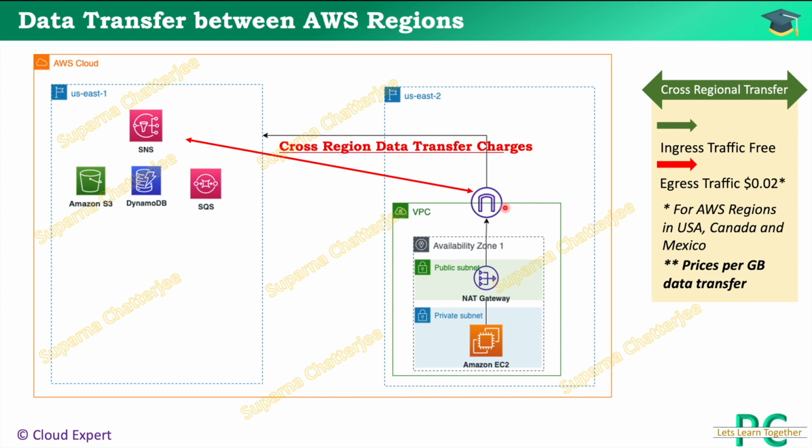If you compare with inter-availability zone data transfer, in that case you are paying for both ingress and egress traffic. But for inter-region data transfer, you are only paying for egress traffic, and the egress traffic charges are 2 cents per GB of data transfer. Again, let me remind you, this pricing is for AWS regions in the United States and in Canada.